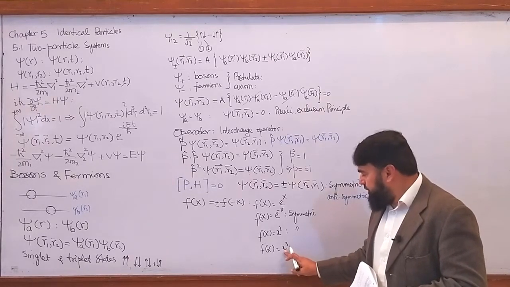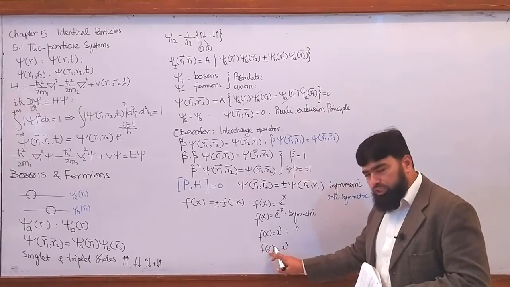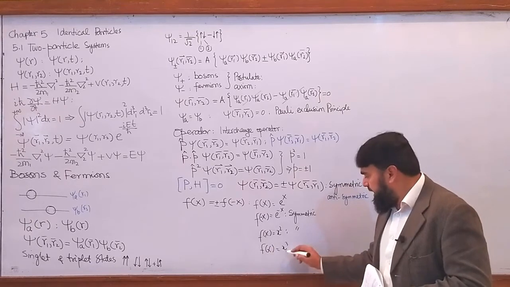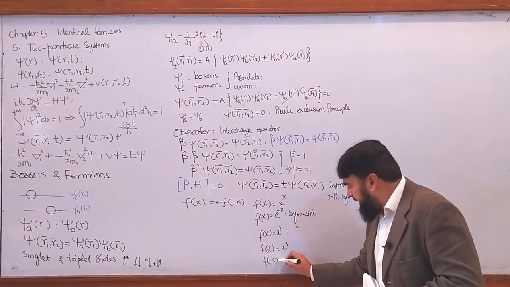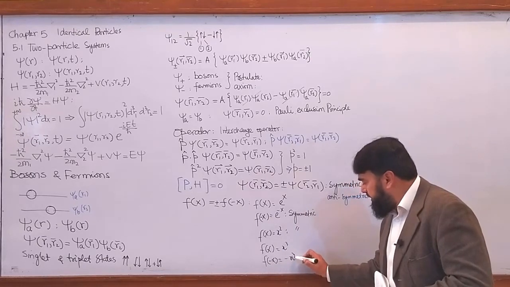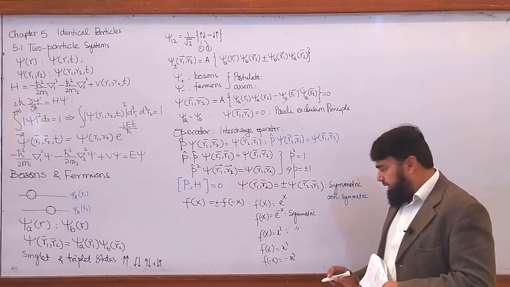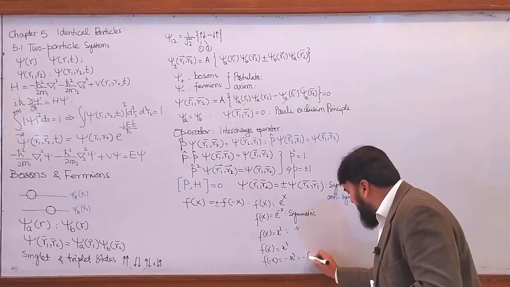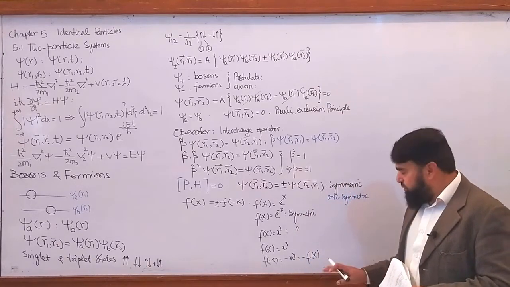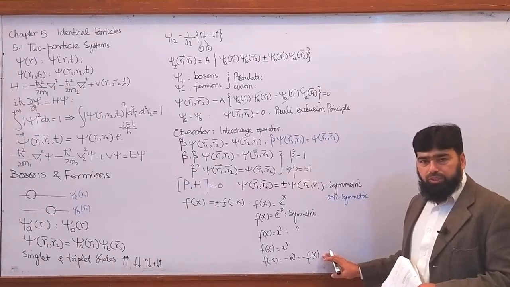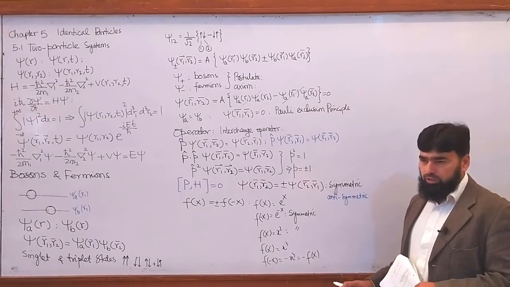If I change x to minus x, what will I get? I will get minus x cubed, and this is equal to minus f of x. So this is an antisymmetric function.